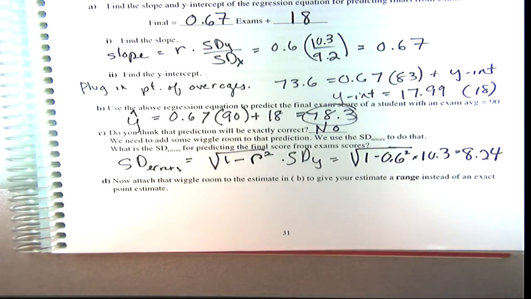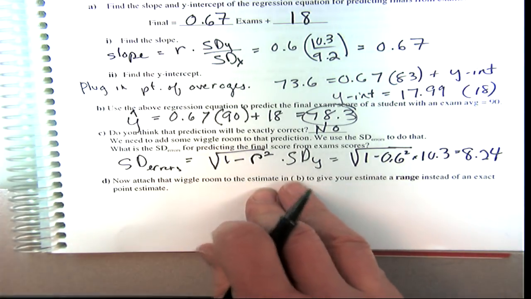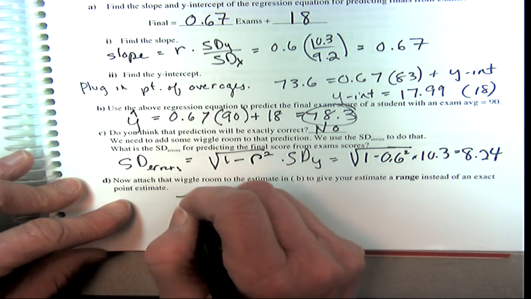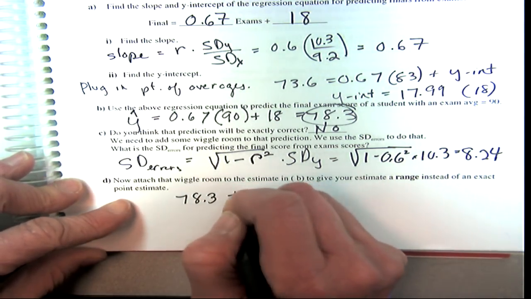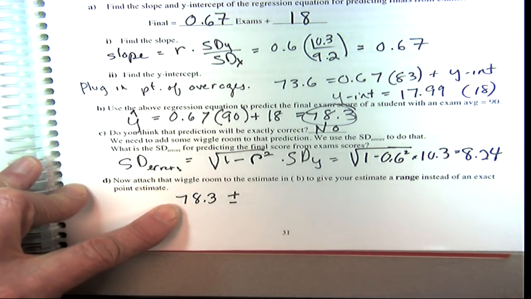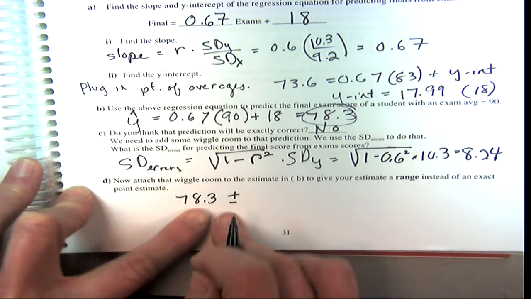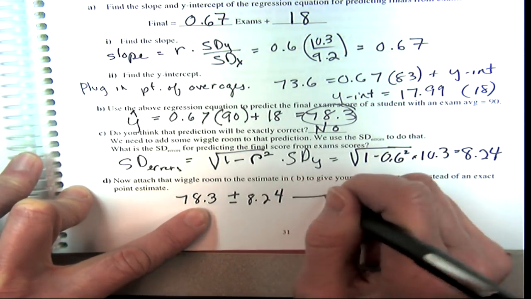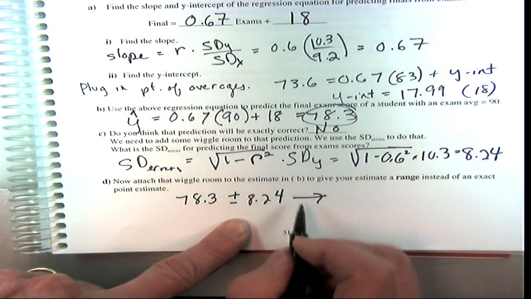To give it a range, instead of giving a point estimate, you want to say, I think the final score is going to be 78.3, give or take. It's real different if you say give or take 0.5 points or give or take 20 points. Well, we're saying give or take about 8.24, which is a range.